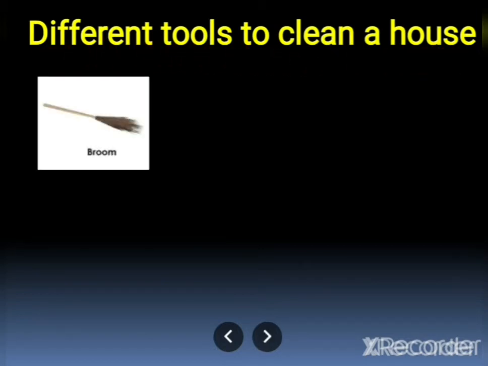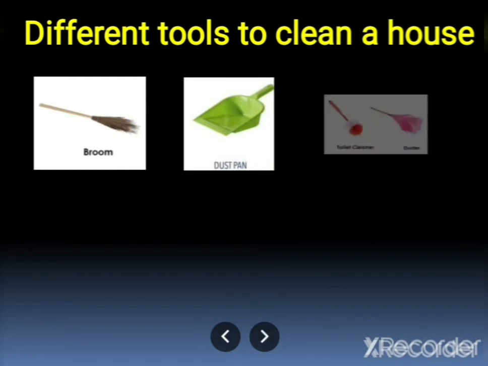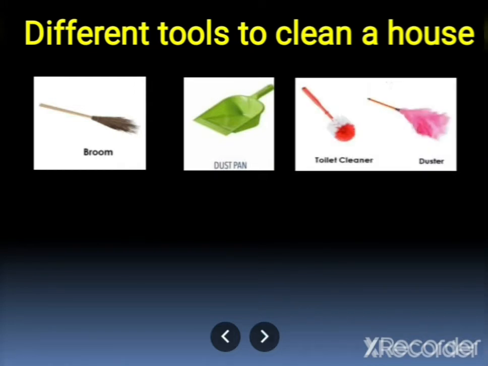Broomstick. It helps to sweep the floors. Dustpan helps to collect the dust available on the floor. Toilet cleaner helps to clean your toilet. Duster helps to clean the dust available on places like cupboard, table and ceiling.